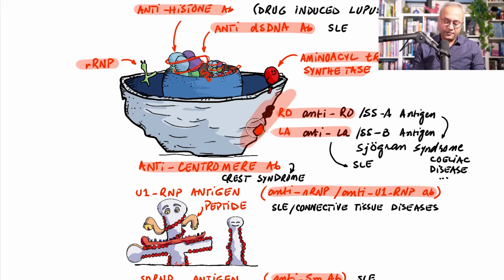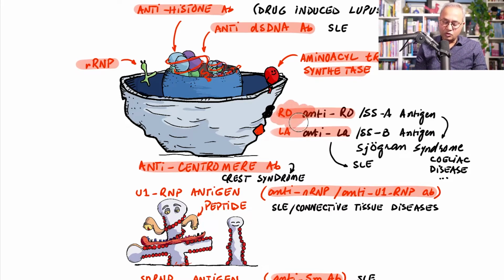Let's go here. When a cell is apoptosing, when a cell is dying, some antigens or proteins become expressed on the surface of the cell. A dying cell's behavior is different from a normal cell's behavior. As the cell is breaking down and dying, some proteins appear on its surface. There are two important proteins that are interesting.